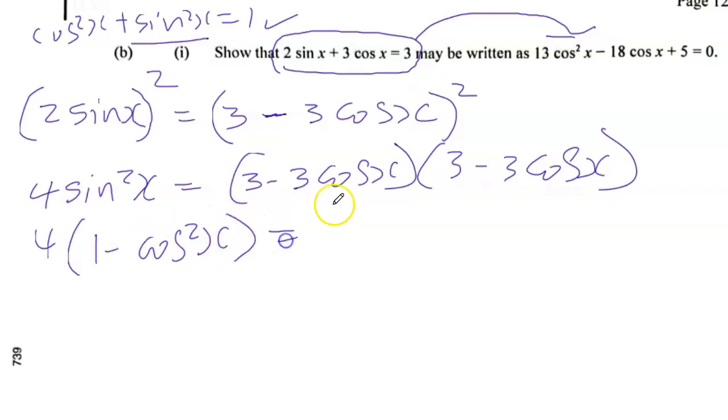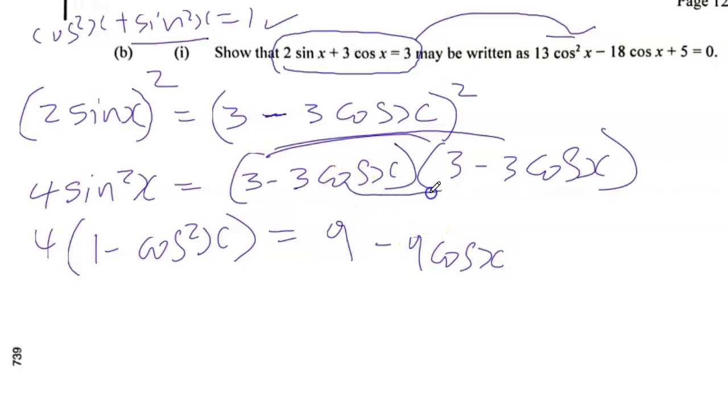And if we expand the right hand side, 3 times 3, we get 9. 3 times minus 3 cos x, we get minus 9 cos x. And then minus 3 cos x times 3, that's minus 9 cos x again. And minus 3 cos x times minus 3 cos x, that's positive 9 cos²x.